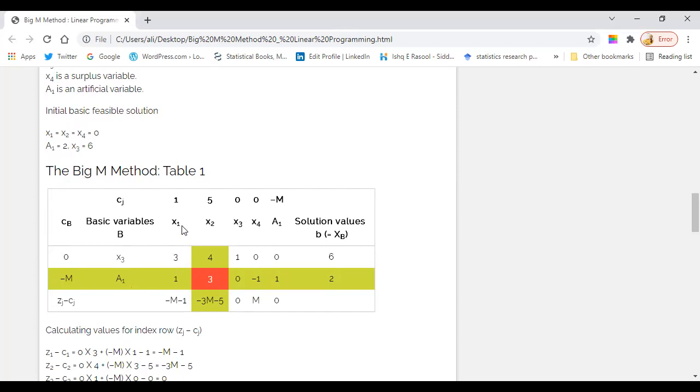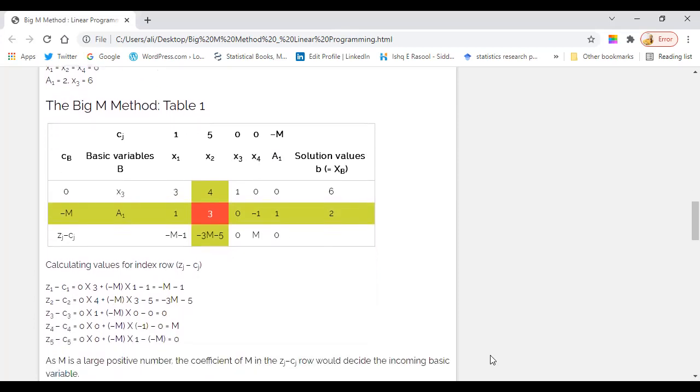The variables are x1, x2, x3, x4, then A1, and our solution values column is B. The costs in the objective function are 1, 5, 0, 0 and minus M. And then we find zj minus cj; the calculations are given below.